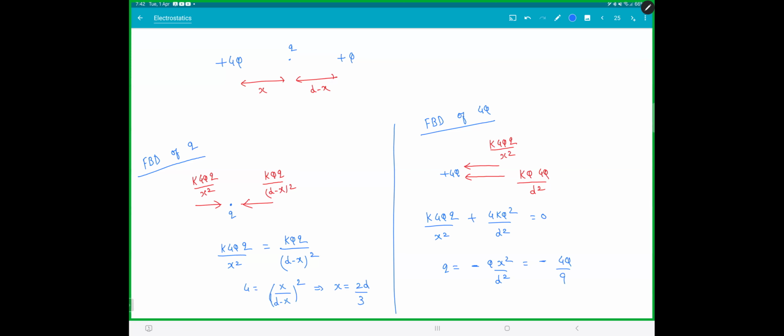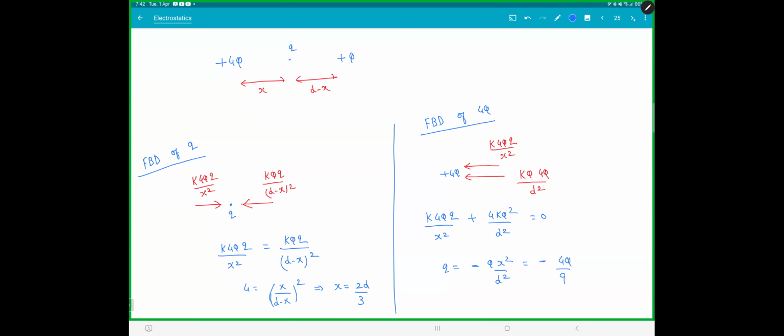Have a look at this. Clear, everyone? Any doubts on this? Clear? Simple equilibrium problem.